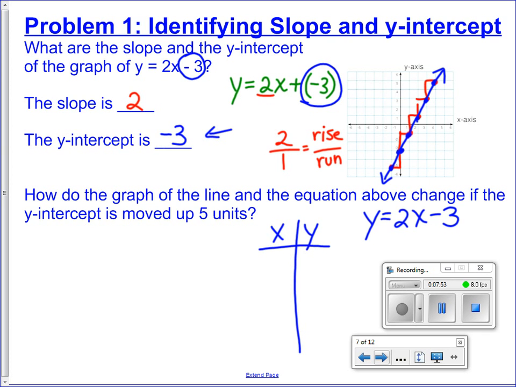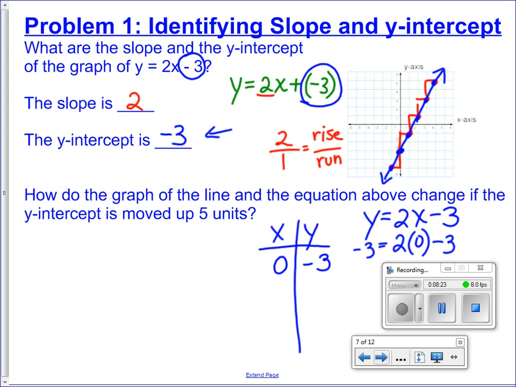If I were to substitute 0 in for the x, 2 times 0 is 0, minus 3 would be equal to negative 3. And notice in the vocabulary, the definition that we gave for y-intercept is one of the definitions. It's the value of y when x is equal to 0. So there is our y-intercept.